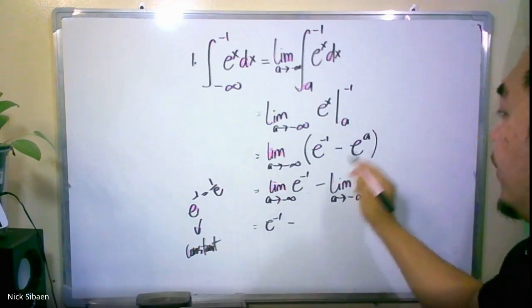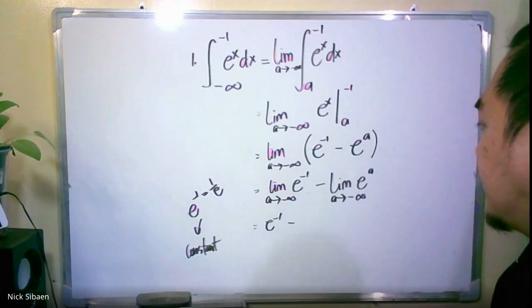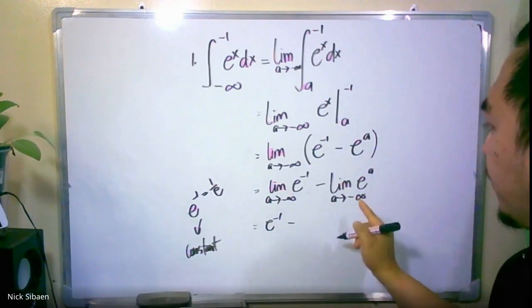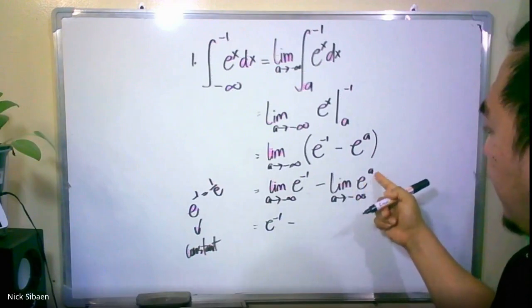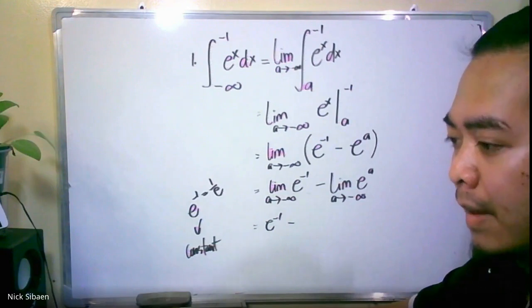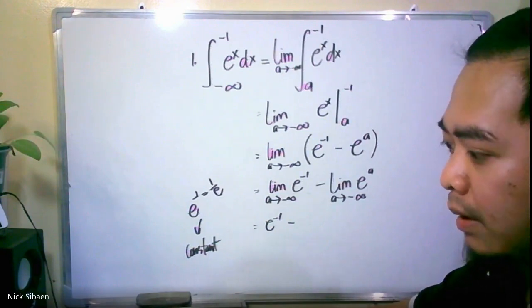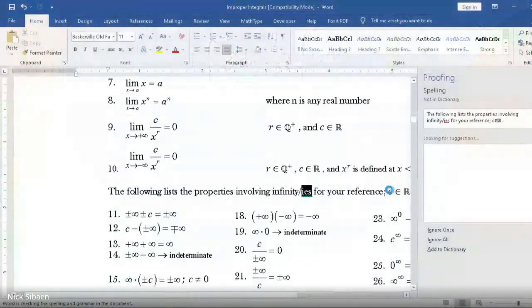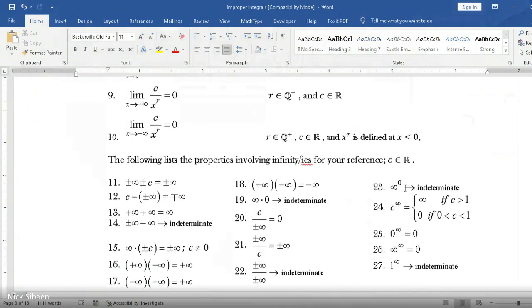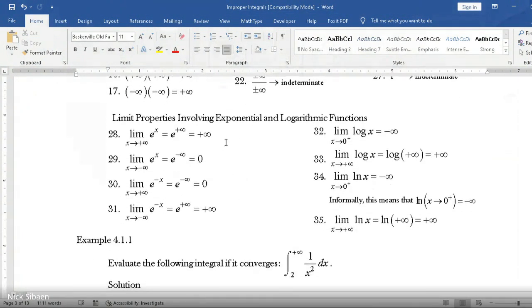Minus, how about the second limit? What is the value? So ito, parang e raised to a as a approaches negative infinity. Hanapin natin yung kung ano yung applicable dito. Saan ba? Dito. So mamili tayo dito sa may properties 28 to 35.